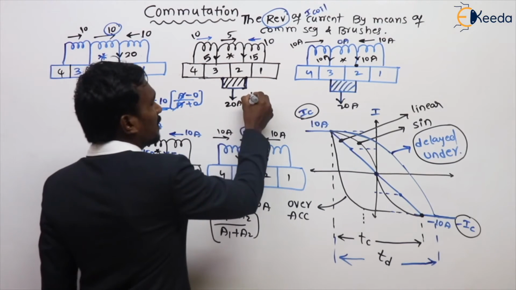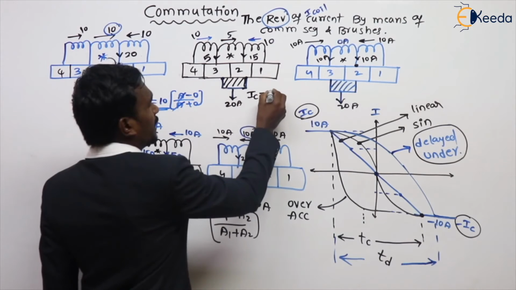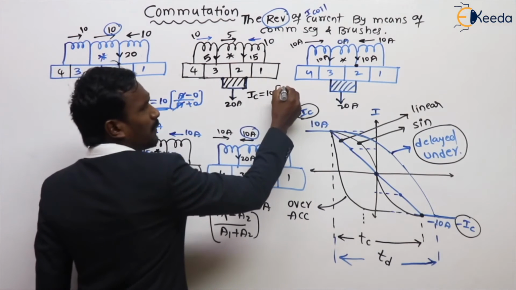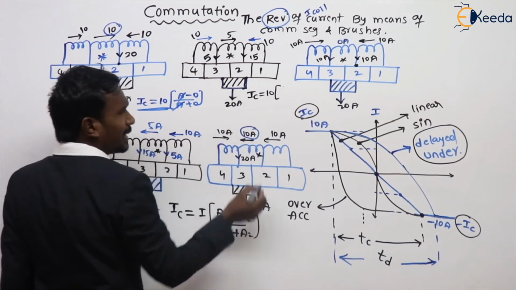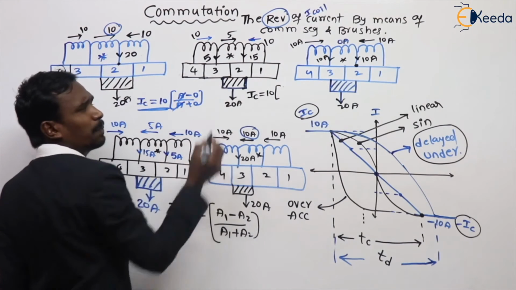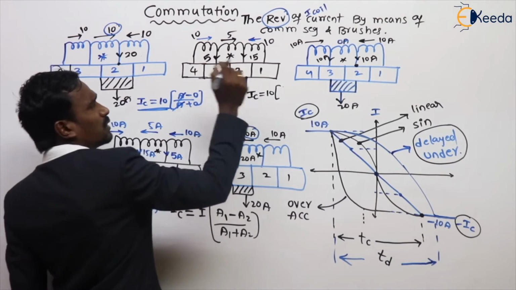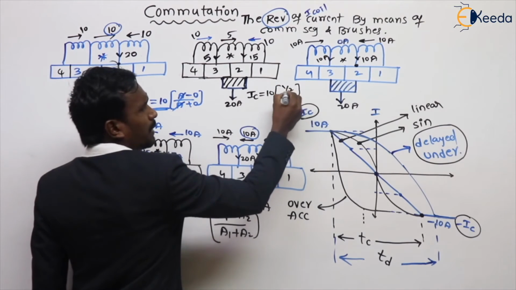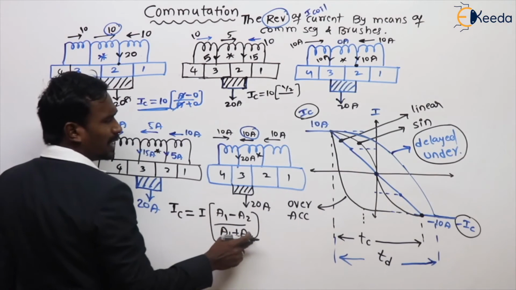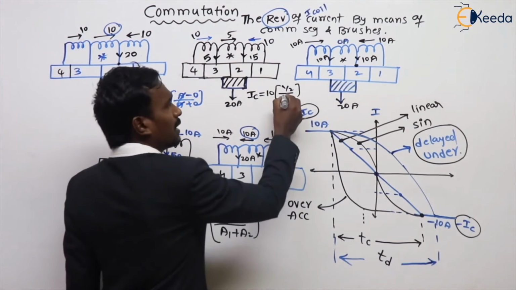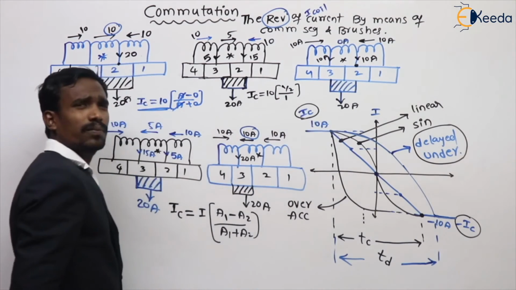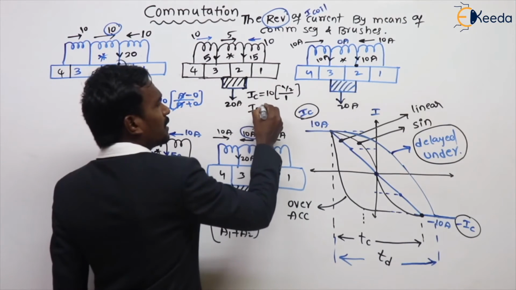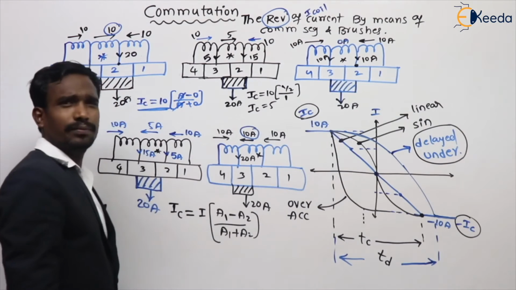But here the coil current is equal to 10 times, what is the area of the first one? Only 75%. And what is the area of the second one? Only 25%. 75 minus 25 is 50, divided by 75 plus 25, which is 100, so 1 by 2. 10 multiplied by 1 by 2, IC is 5 amperes.